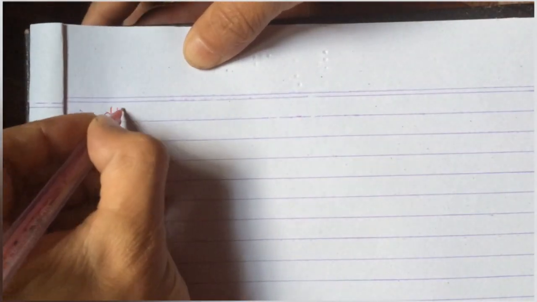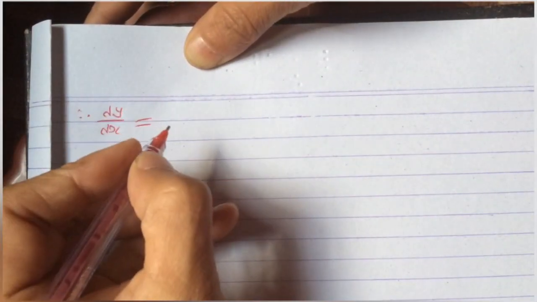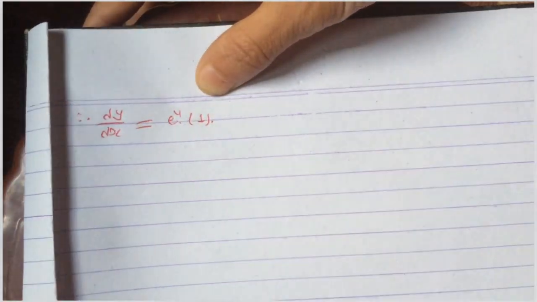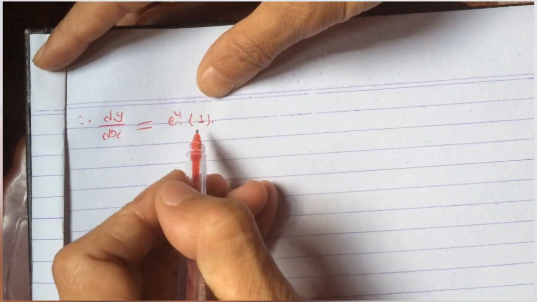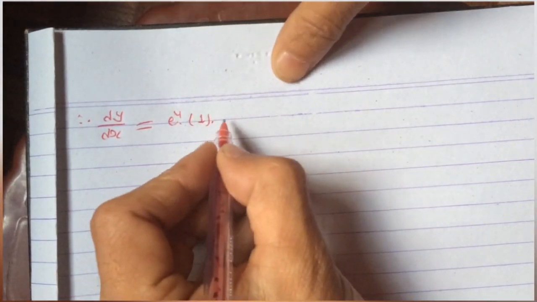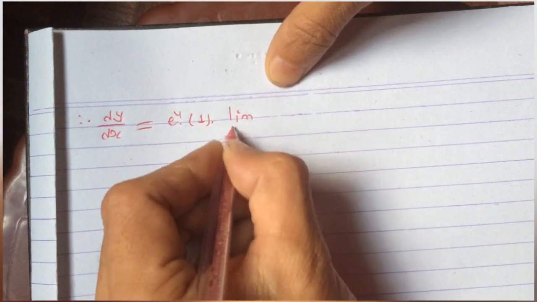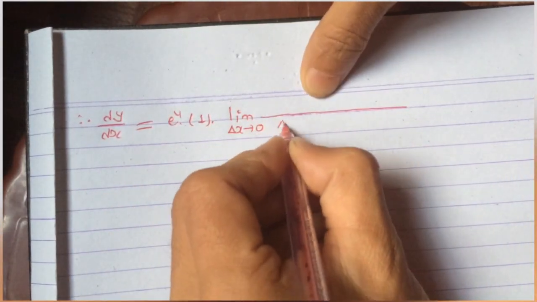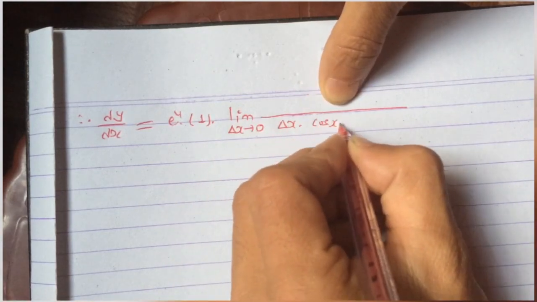On a new page, we can write dy by dx is equal to e^u, and 1 is the value of limit k tends to 0 of (e^k minus 1) by k, and the remaining factors are limit del x tends to 0.